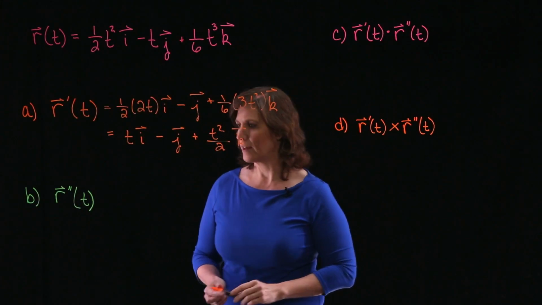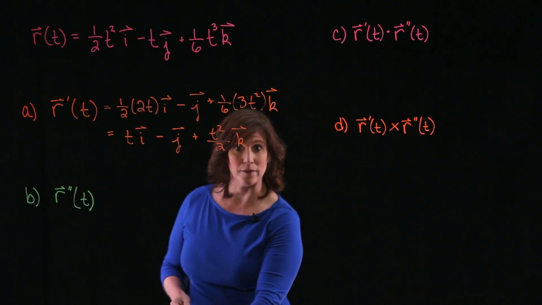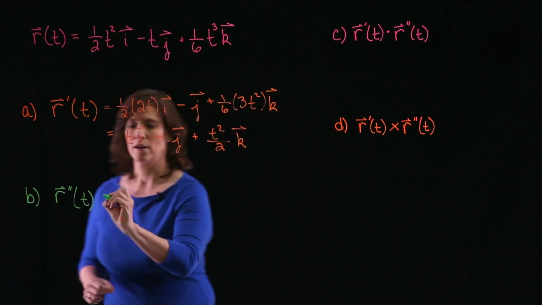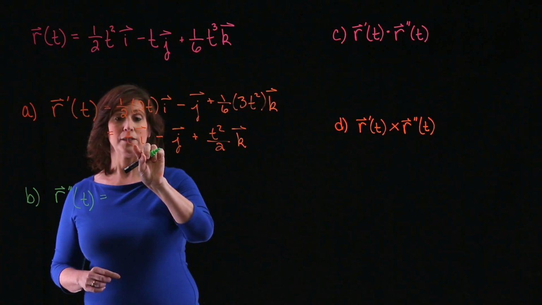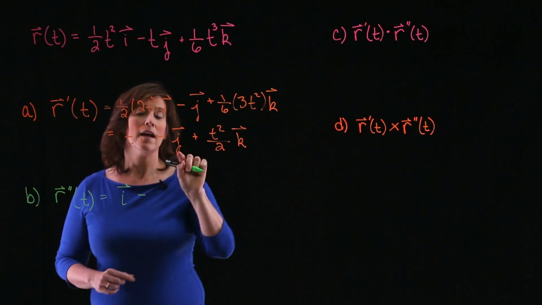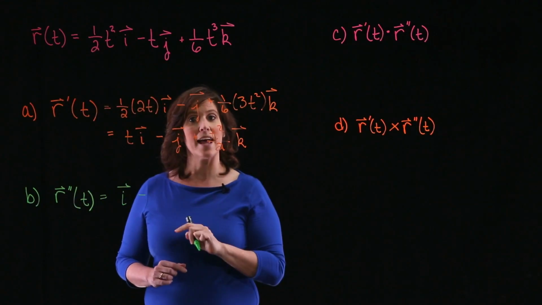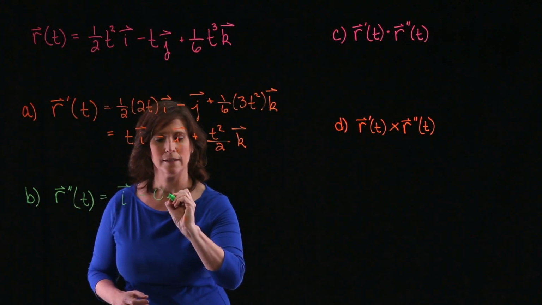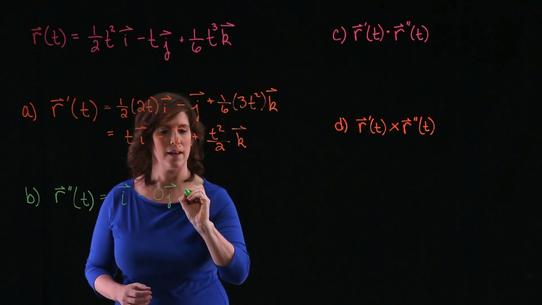That's the first derivative. Now I'm going to take the second derivative, which means I need to take the derivative of the derivative. So the derivative of t with respect to t is just 1, so that'll be vector i. The component here is a -1, whose derivative is 0, so I have 0 times vector j.